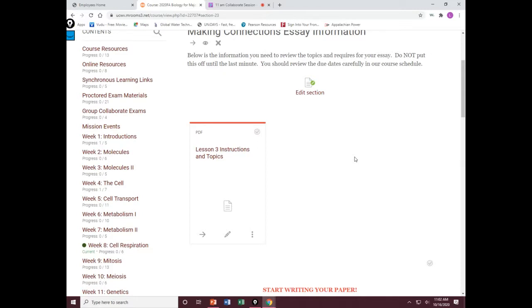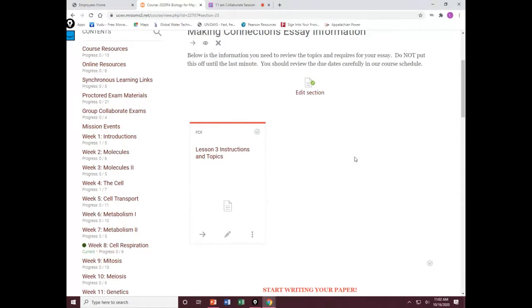So the first thing you really need to do is go into your grade book and check what you have, and make sure that you have passed and done, honestly, both of those, because I'm about 10 short in both of them. You need to do these. Remember that your lesson 3 is your topic and your first resource, and your lesson 4 is your second resource.